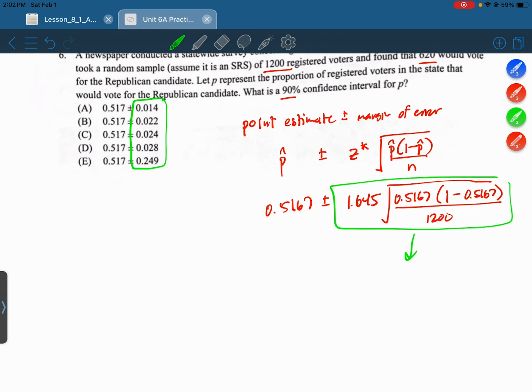The calculator says that portion is 0.0237, which I suppose would round to 0.024. So C is going to be the correct choice.